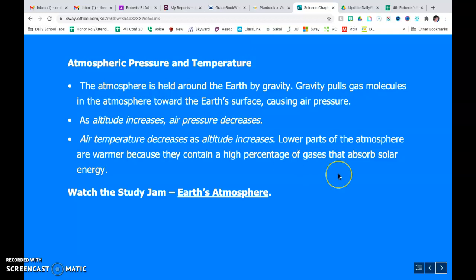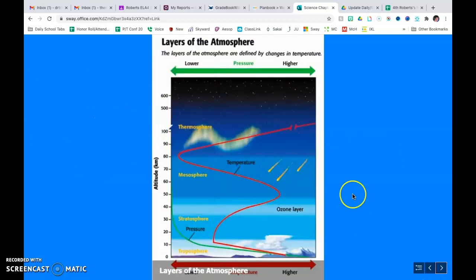So lower parts of the atmosphere are warmer because they contain a higher percentage of gases that absorb solar energy. And that, of course, is energy from the sun. Please come back and watch the study jam on Earth's atmosphere. And this shows you the layers of the atmosphere, of which you will have an EN page that you will have to complete.